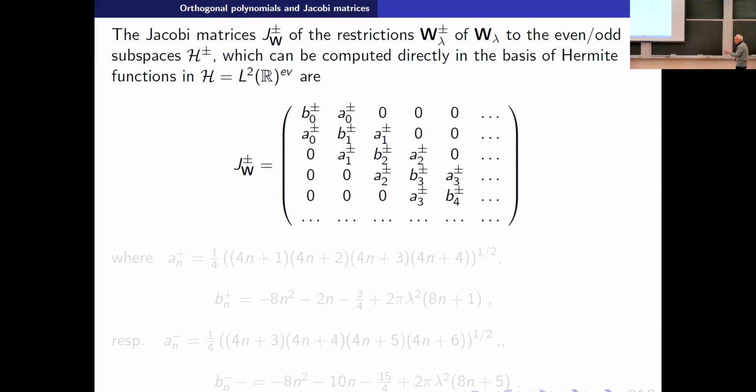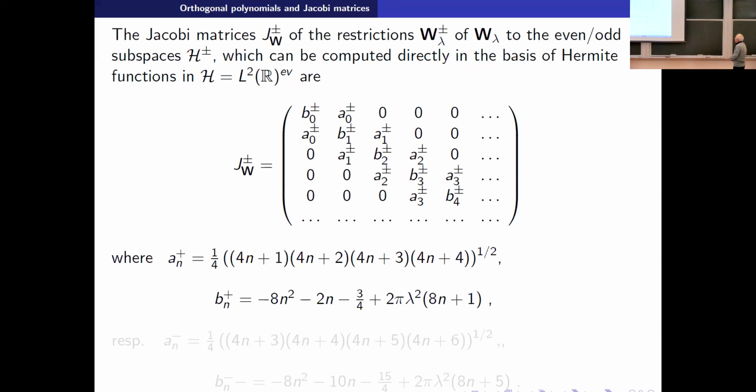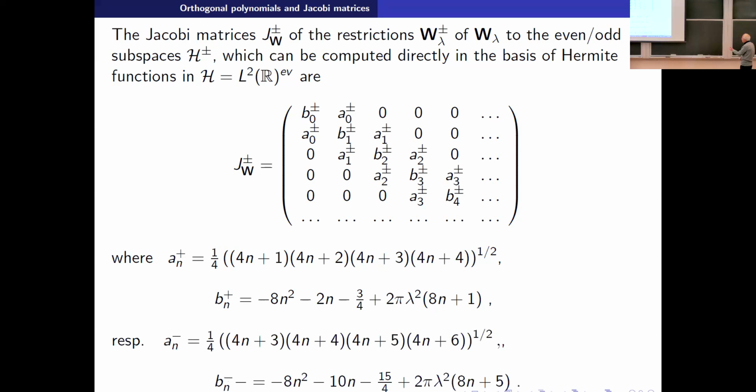So if you put everything together, it will have some zeros where you don't want them. The a_n now come with plus and minus to indicate the even component of the Jacobi matrix and the odd component, and they have these expressions.